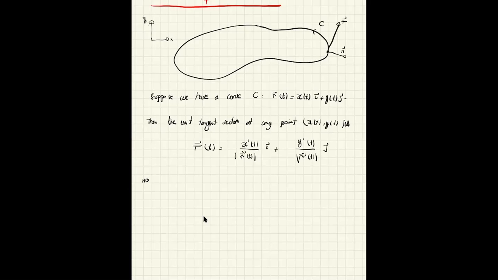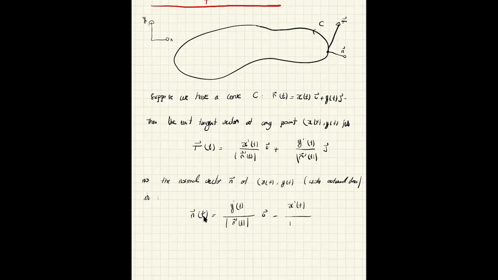The normal vector n at x(t), y(t) with outward direction is n equals y prime t over the norm of r prime t i minus x prime t over the norm of r prime t j. The reason is because the scalar product is zero.